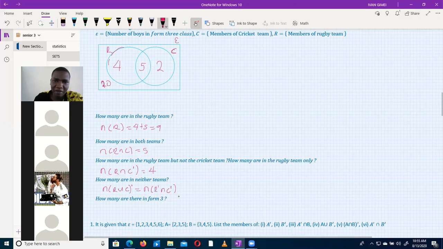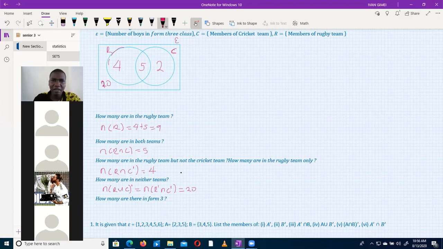From the previous example, I think you noticed that. So you can also say how many did not like rugby, or how many are not in the rugby team and cricket team? So they are not in any, they are not in both of them.